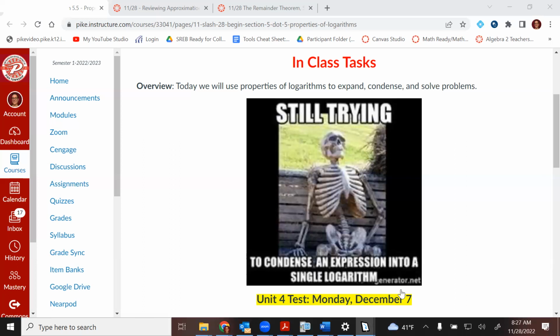Natural log of e evaluates to what? 1. A lot of times you'll see professors write it like this and then say, oh, that just simplifies to 1 right here. And that's getting multiplied. Let's see, 0.5 times 36 is what?